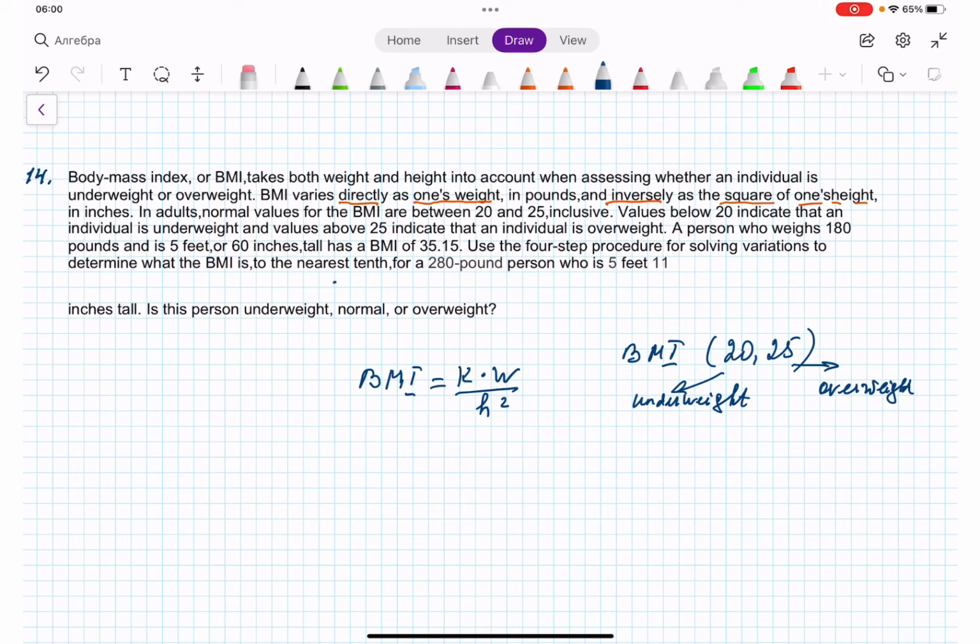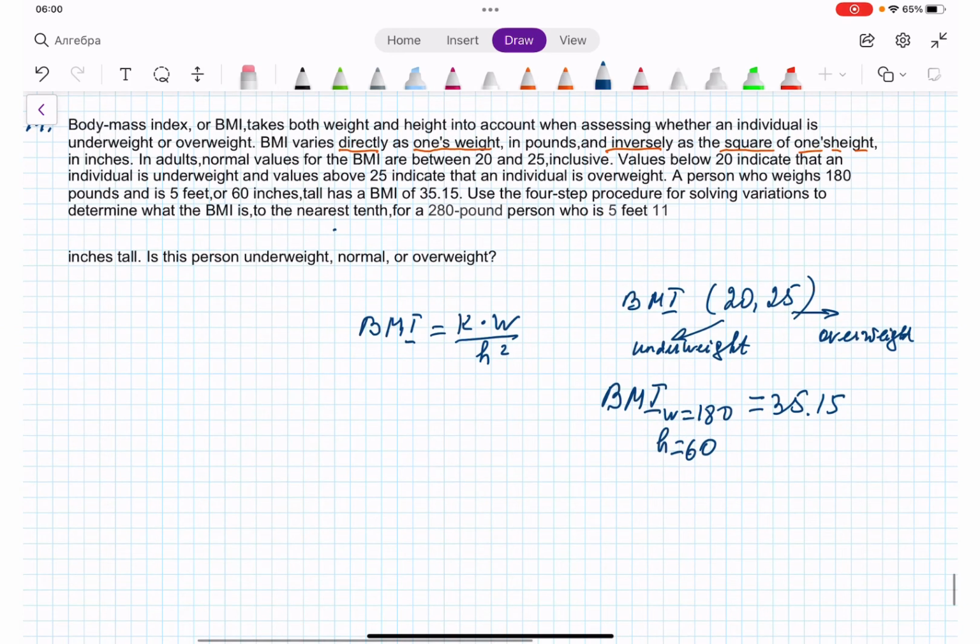So a person who weighs 180 pounds, so BMI for weight 180 and height 60 inches has a BMI of 35.15.